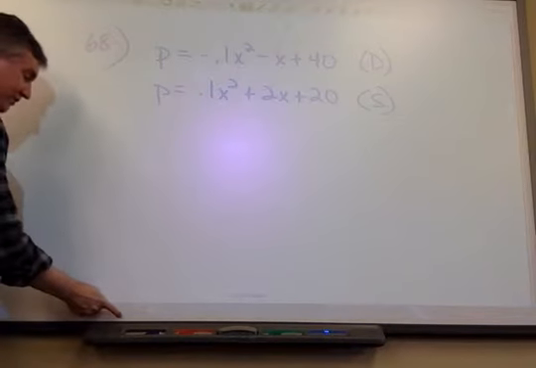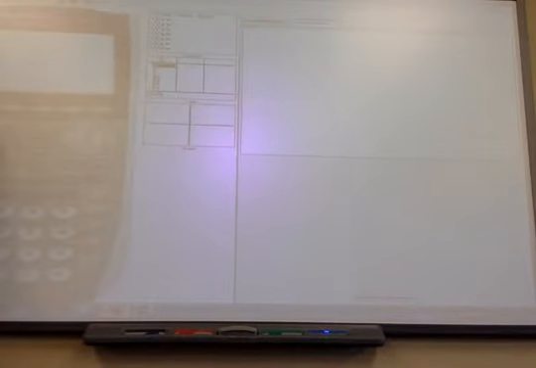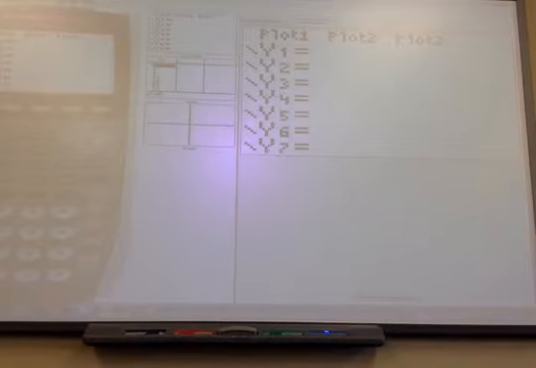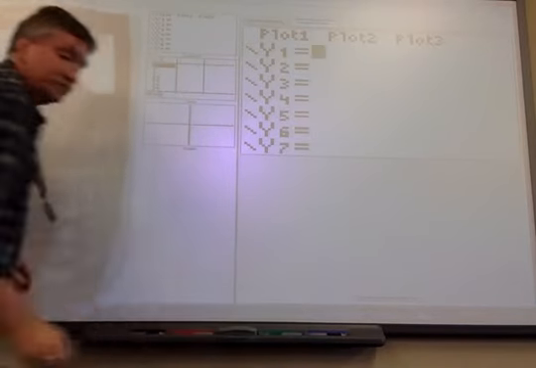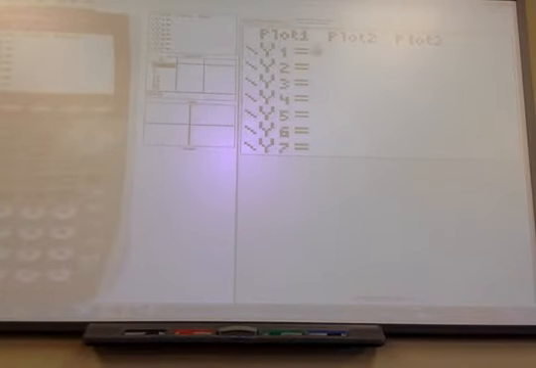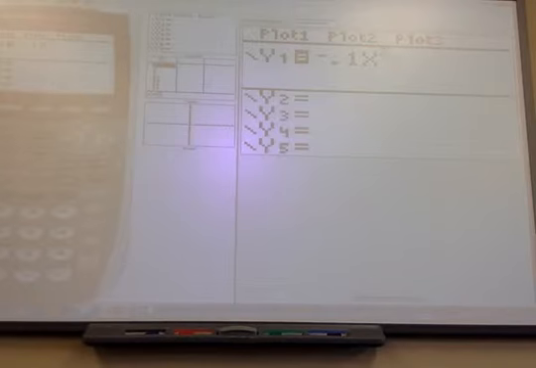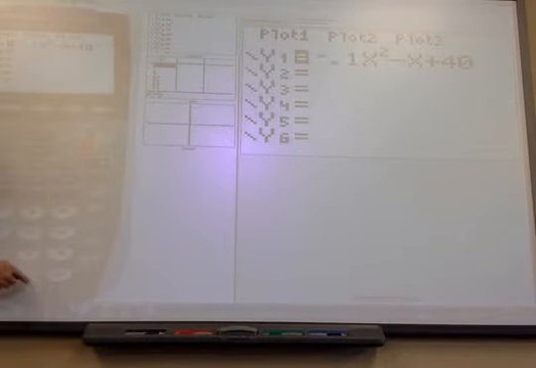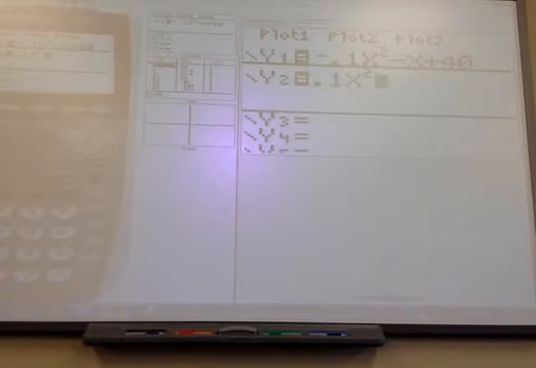So if we do that, why don't we say y equals, let's put those in, negative 0.1 x squared minus x plus 40. 0.1 x squared plus 2x plus 20.